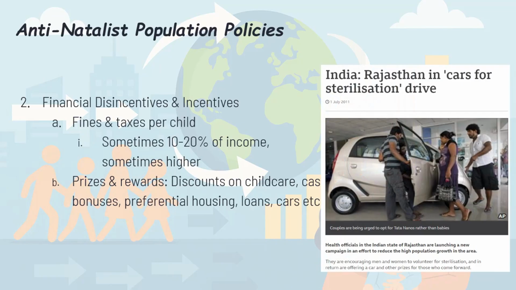Wild, right? Basically, governments were like, you can choose, either you lose money or win a new ride. A pretty extreme version of family planning goals. Now that we've seen both the motivational posters and the money tactics, it's time to explore what happens when population policies take things a little too far and the world starts to push back.